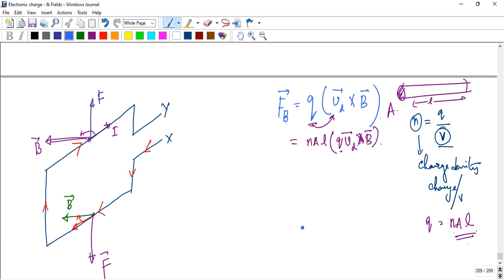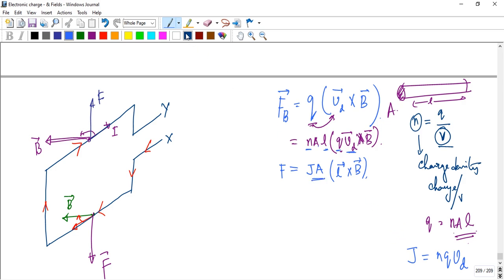Now, very important: the current density J equals n q v_d. So we get J A L cross B as the force.